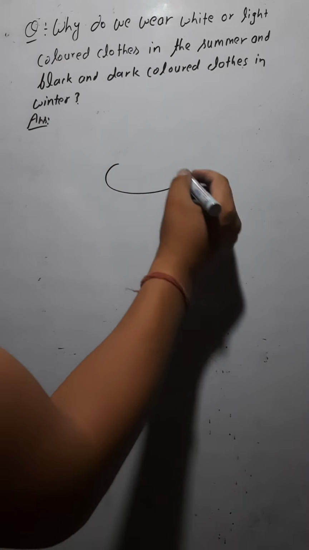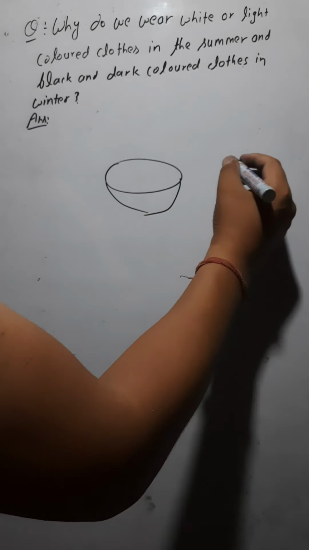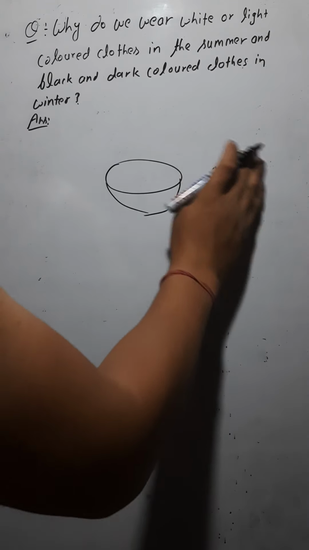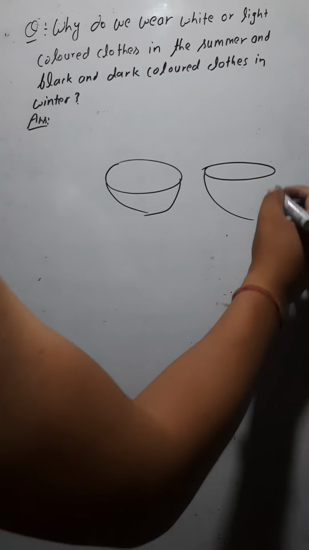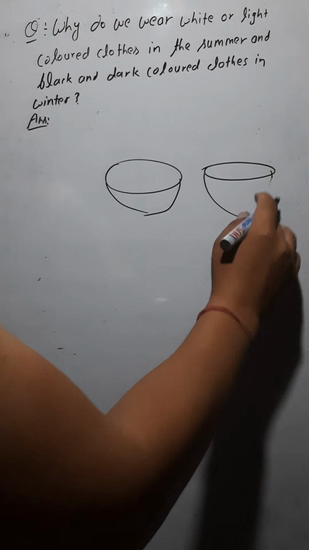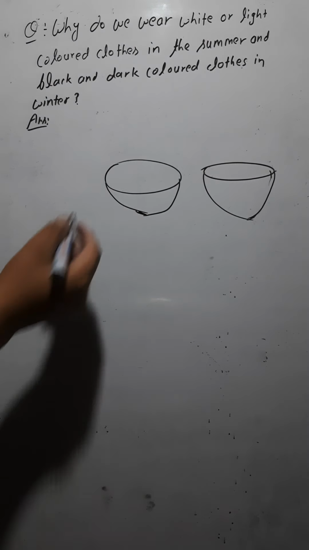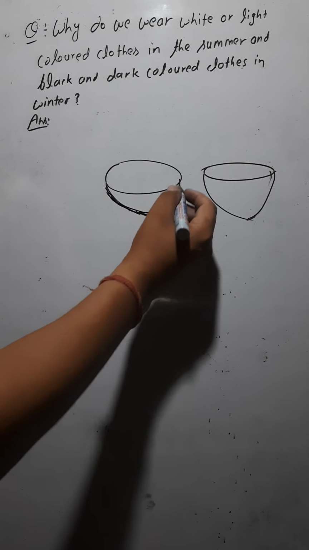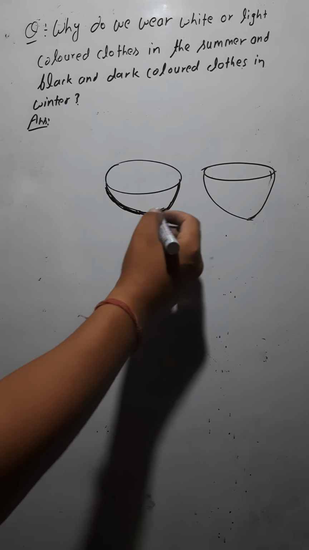You might have seen some utensils at your home. Let's say I have a utensil, and I have another utensil. Both are of the same size. Size doesn't matter here. In this one utensil there is a coating, a dark colored, blackish surface.